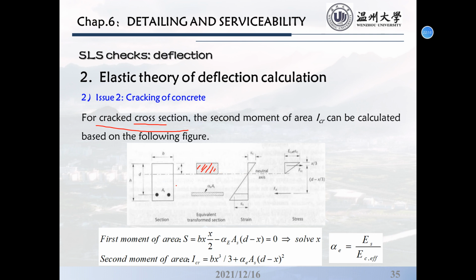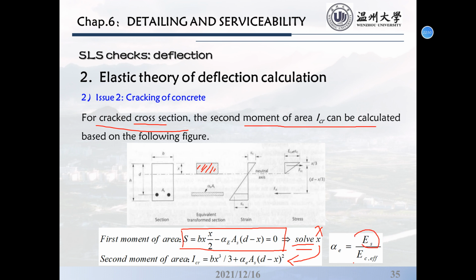This one is on the tension, right? For the second moment of area, we follow these figures. This is the section, equivalent transformed. So use the first moment of area to solve for x. Then substitute x into here.